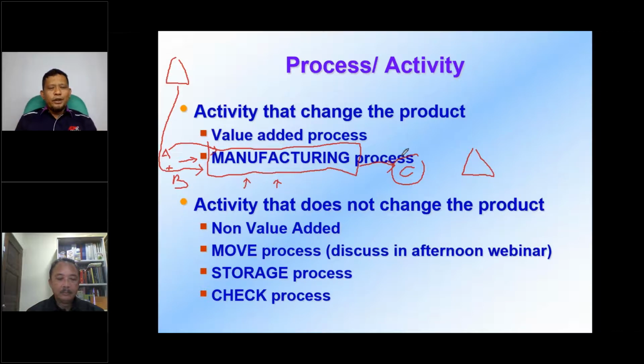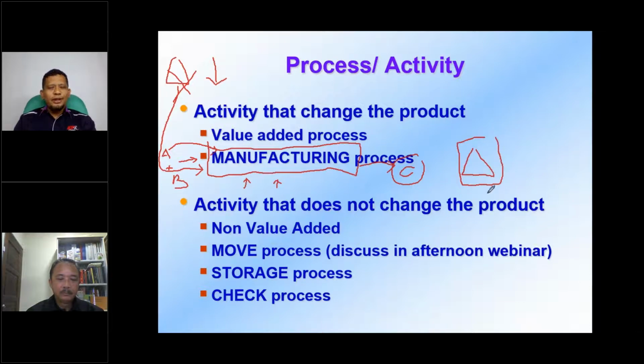So if we want to become more efficient, what we need to do is eliminate this, if we can. Or if we cannot eliminate it, reduce it, and that will make your organization more efficient. Your chemical plant will be more efficient. And then you have so much storage in here. You produce 10 tons, but actually the customer only buys 1 ton.